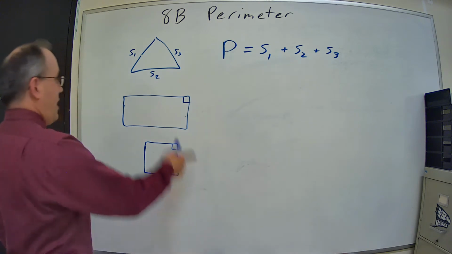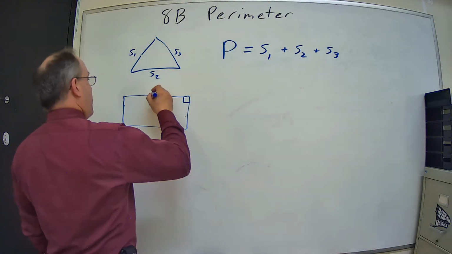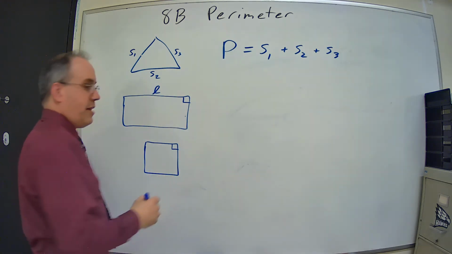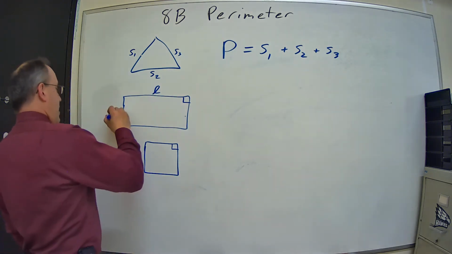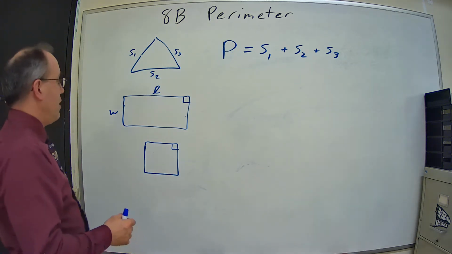For a rectangle, it has a length, that's a lowercase l, and a width, lowercase w.